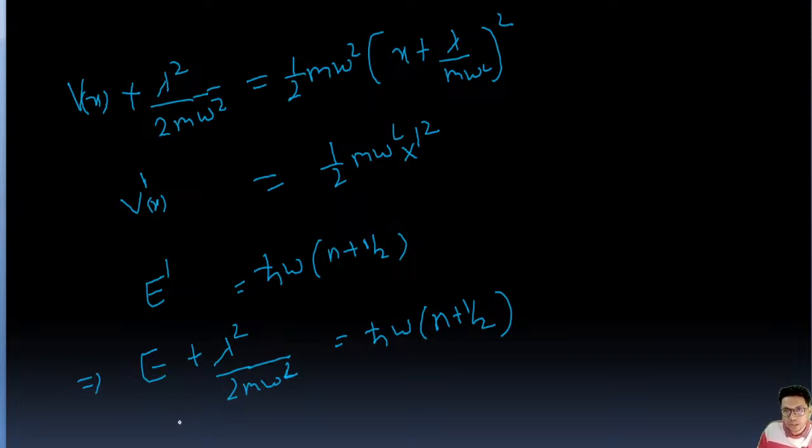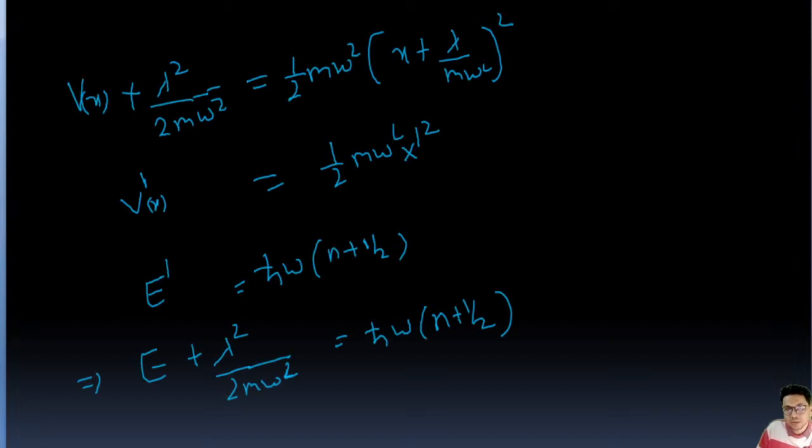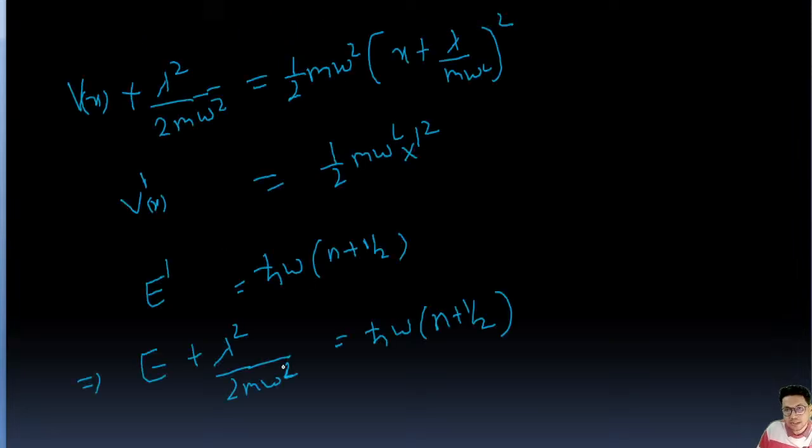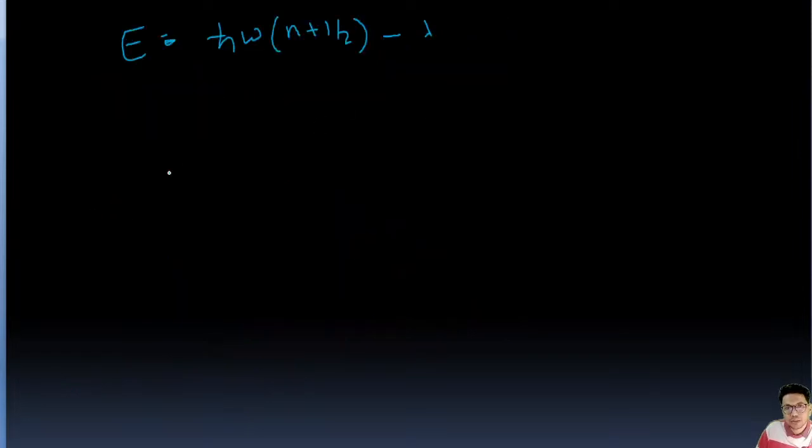Okay, so then the value of E is going to be h cut omega into n plus half minus, this will go this side, right? So it is lambda square upon 2m omega square. Okay, this one. Now this is the value of E.